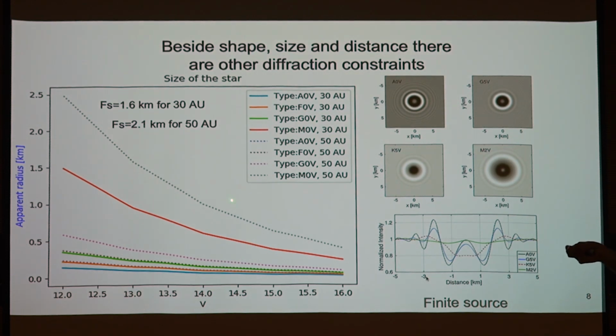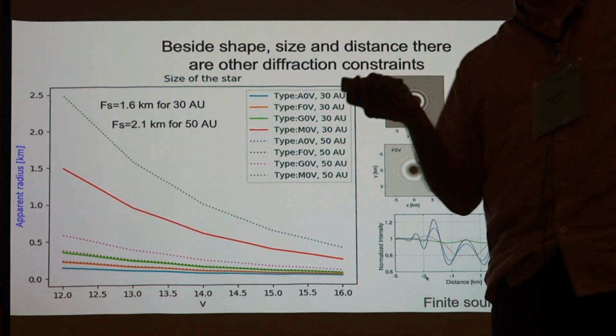You can see that for different spectral types of stars, different distances, and different magnitudes, the apparent radius of the star will be bigger. So there is our rule of thumb.